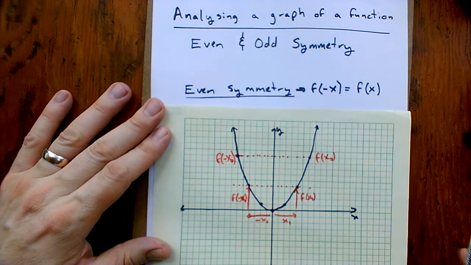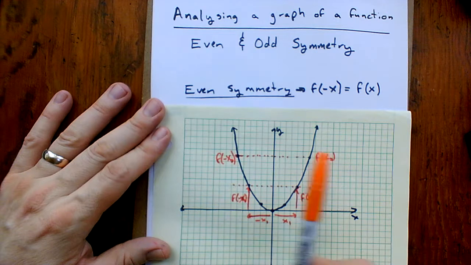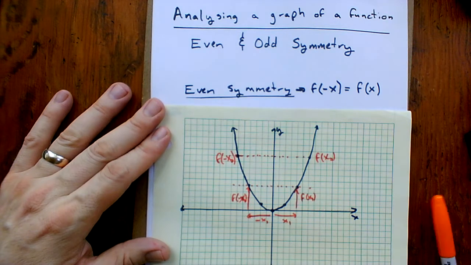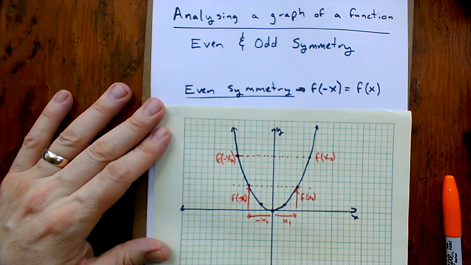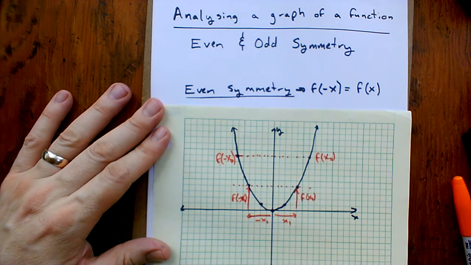I could basically fold this graph and meet up on the other side of the y-axis. So this is what we mean when we talk about even symmetry.